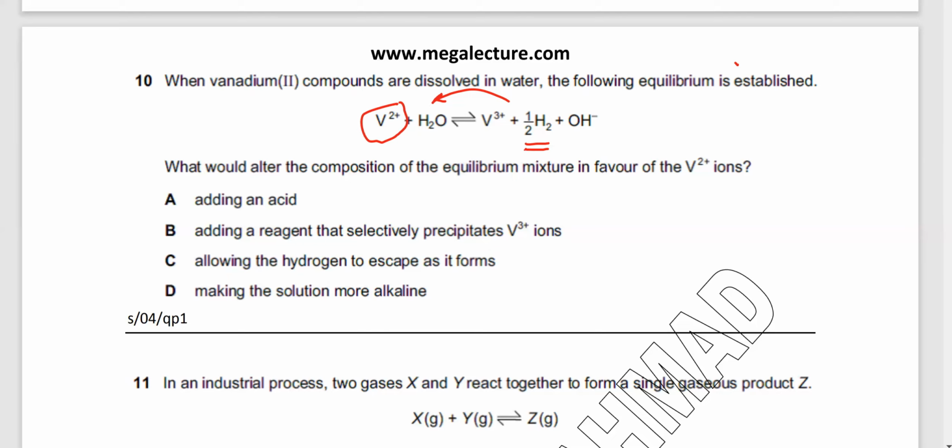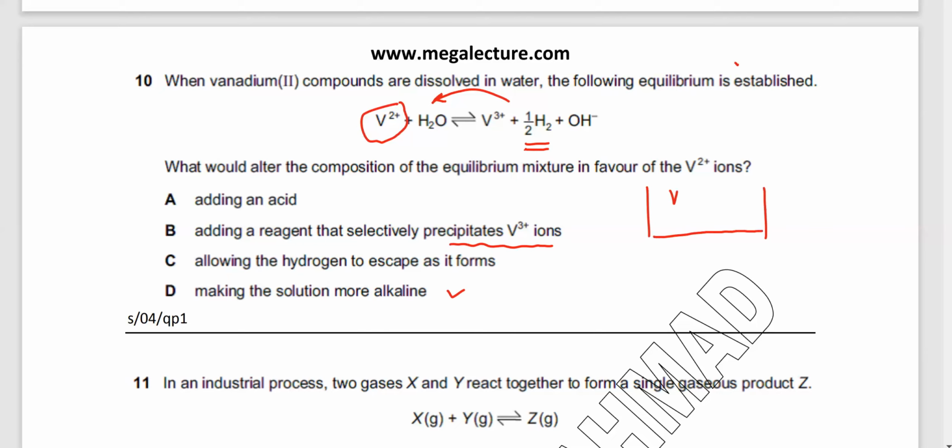So what's B, by the way? I don't know. What's a precipitate? Like he's adding a reagent that precipitates V3+ ions, so we've got to get rid of them. Precipitate is a solid, right? Ionic precipitation, if you remember.